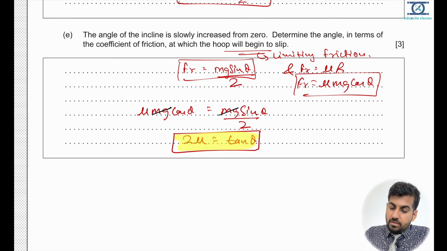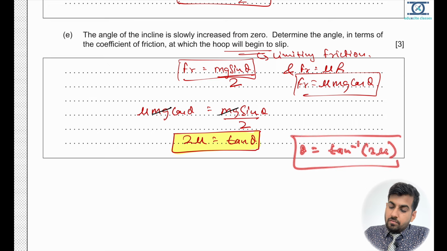So this will be your relation of coefficient of friction with theta, or theta can be written as tan inverse of 2 times nu. Either way, both are correct.